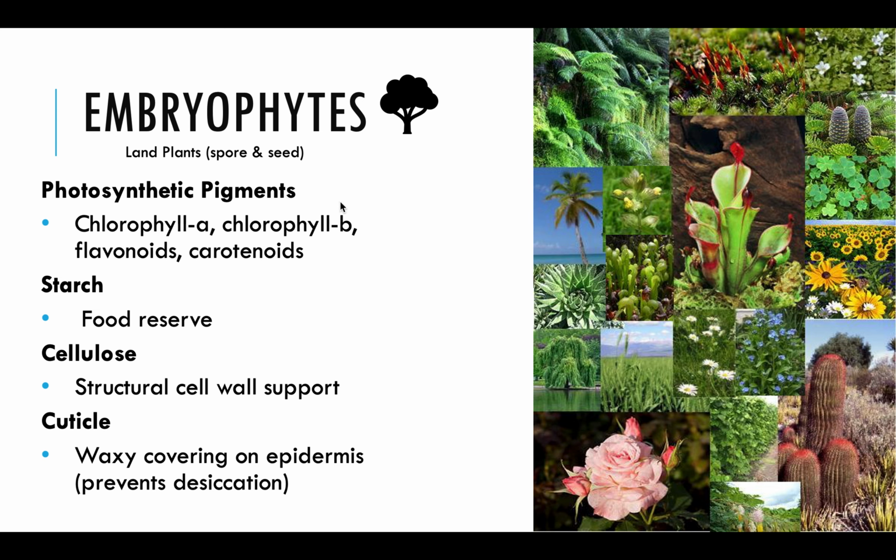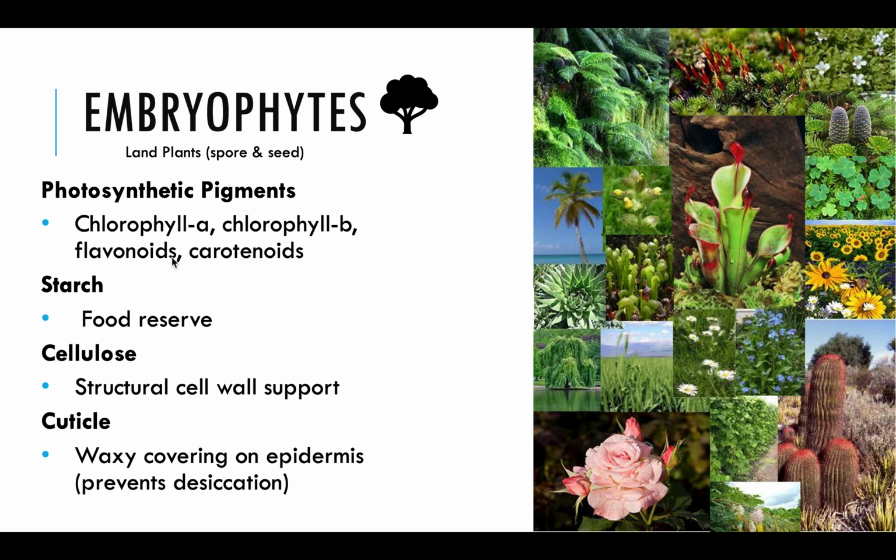They are photosynthetic organisms. They might have pigments like chlorophyll a, chlorophyll b. They could have flavonoids or carotenoids. Notice how plants are green for the most part, right? Sometimes they do have other colors, and those other colors are attributed to the other pigments that they have present. Okay, so chlorophyll is green, and therefore these plants will reflect green light, right?